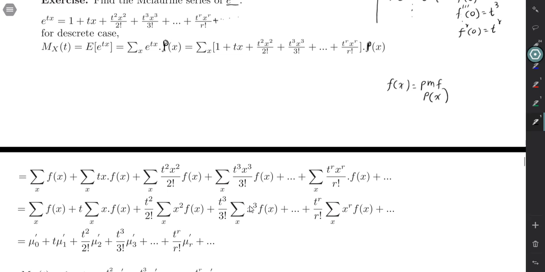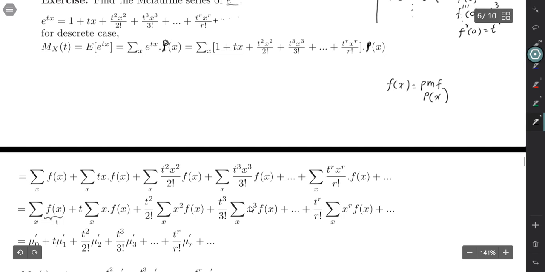You take it outside the summation, you end up with x square fx, and so on. If you look at the summation here, the first one, if you take the sum over your PMF for all possible x, this is the total probability 1.